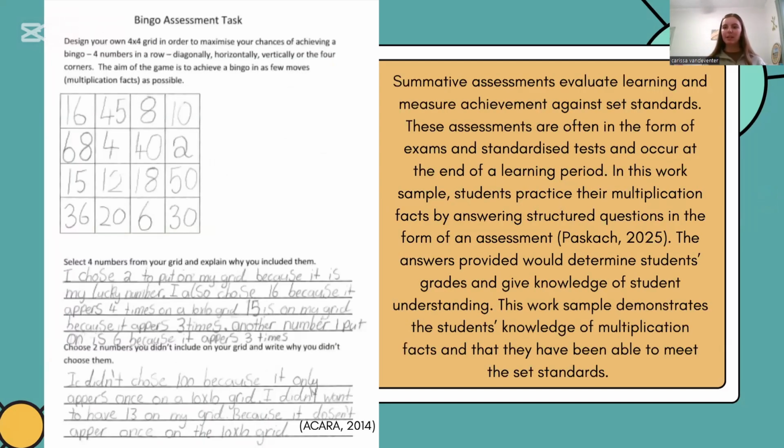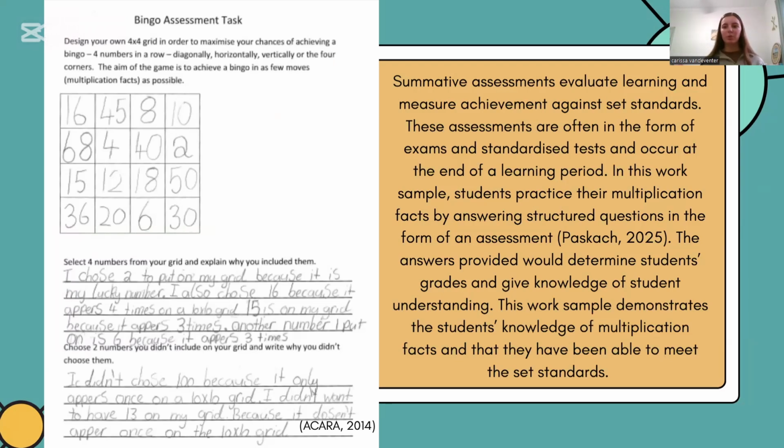Summative assessments evaluate learning and measure achievement against set standards. These assessments are often in the form of exams and standardized tests and occur at the end of a learning period. In this work sample, students practice their multiplication facts by answering structured questions in the form of an assessment.